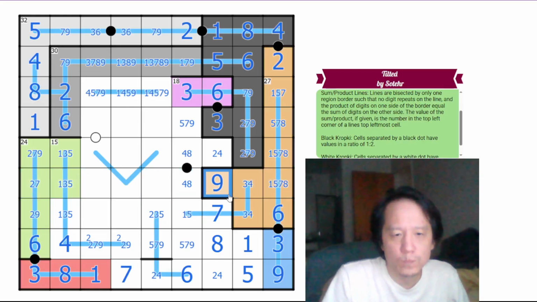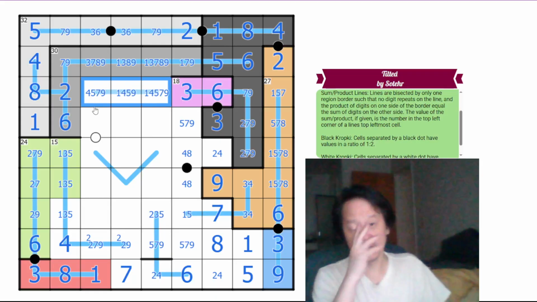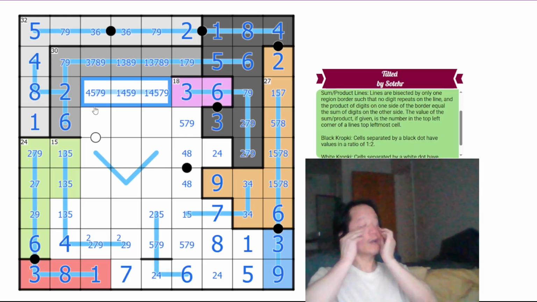Okay. Four has to be on this line somewhere. So this is the sum of two digits, must have a 4. So it could be 1, 4 adding up to 5.